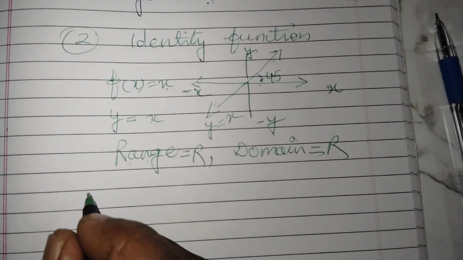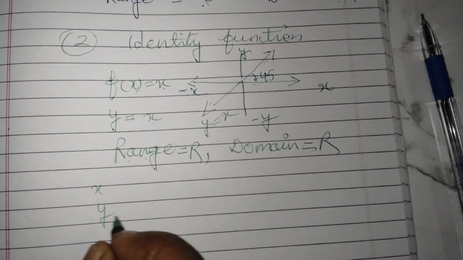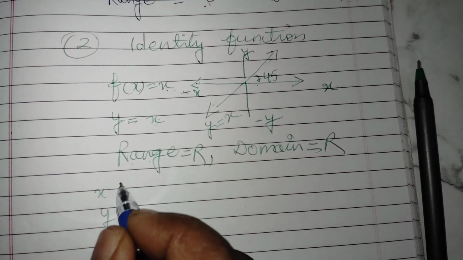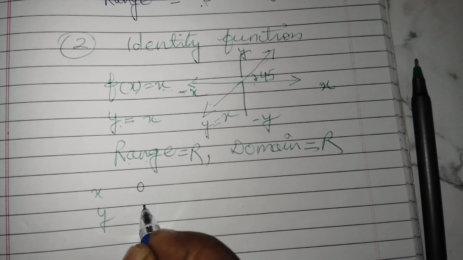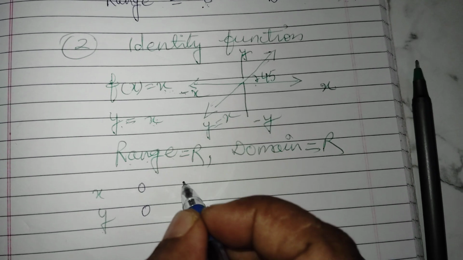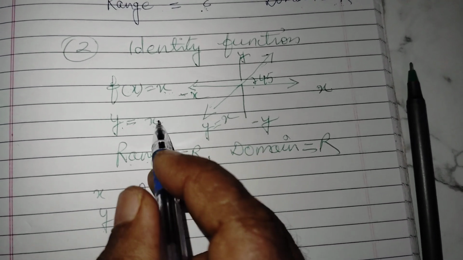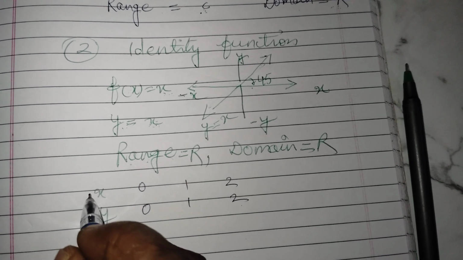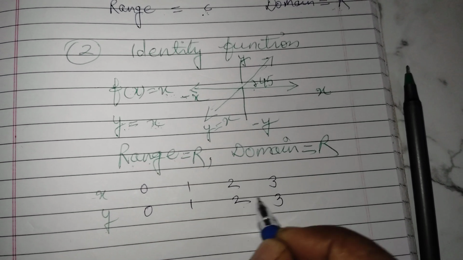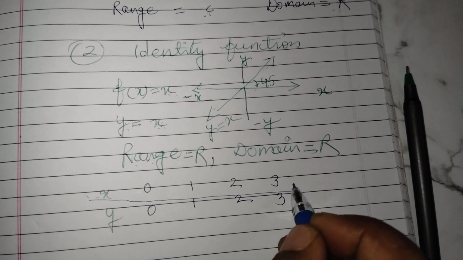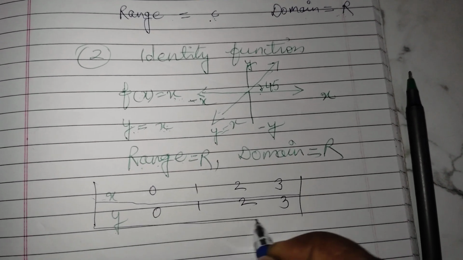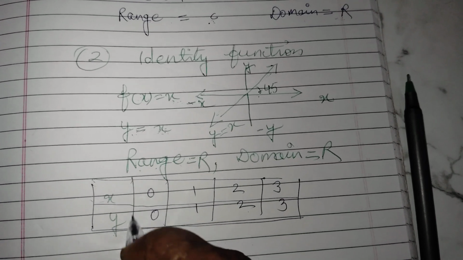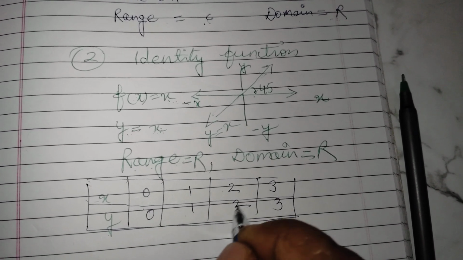So for the graph, I make a table for x and y. If I put x equal to 0, in this case y we get 0. So 0, 0. If I put x equal to 1, I get y equal to 1. If I put x equal to 2, then I get y equal to 2. So this type of table I can generate to draw this graph. To draw this graph, I need some coordinates: 0 0, 1 1, 2 2, 3 3.